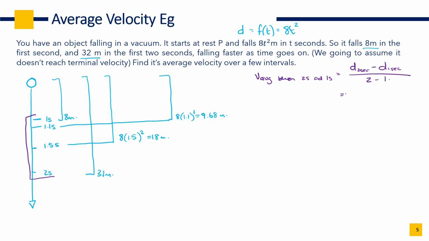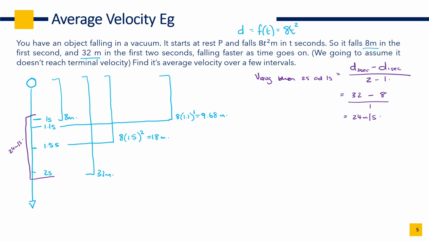And that's going to give us 32 minus 8 divided by 1, which gives us 24 meters per second. So the average velocity between 1 and 2 seconds is 24 meters per second.